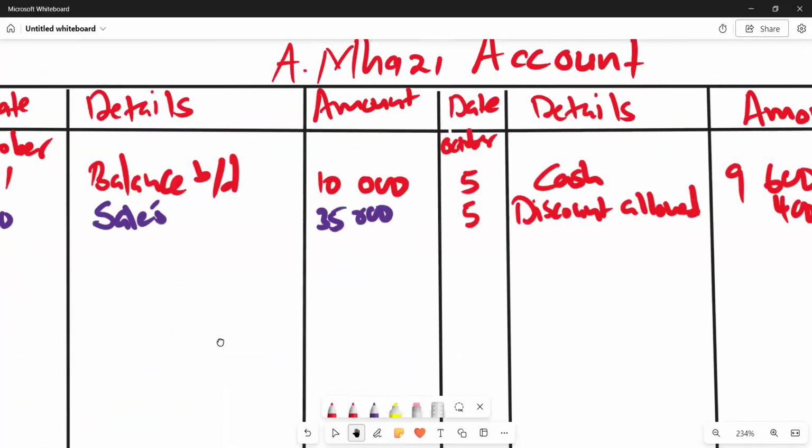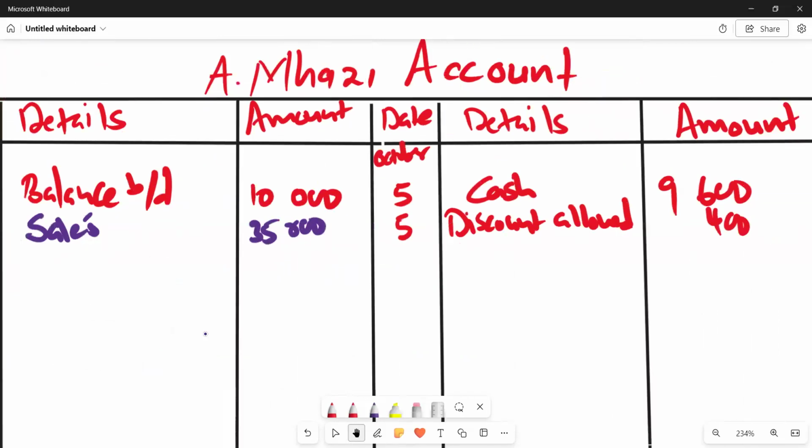We are saying 20, and we are saying furniture, or we can just write office desk. Furniture, maybe in brackets, we refer to it as office desk. And then the amount that we have there is 9,000.